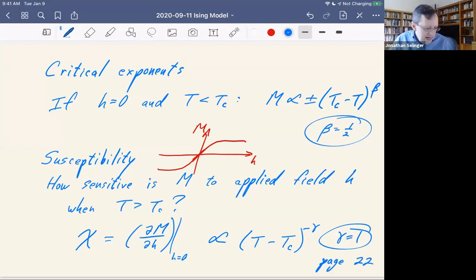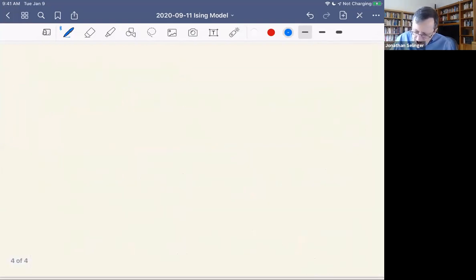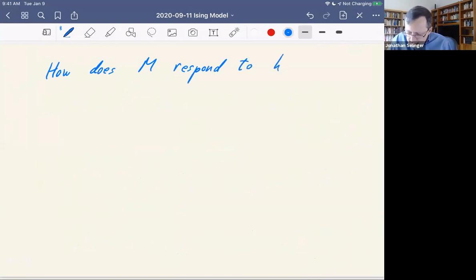Okay, and then a related thing is how does M respond to H right at T equals TC?